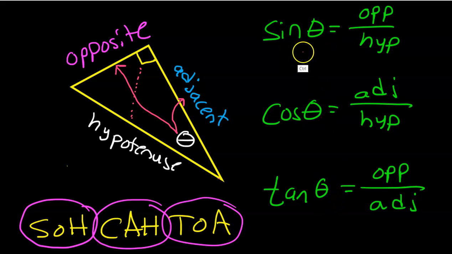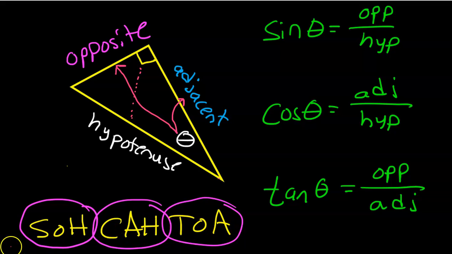Sine of the angle is the opposite side divided by the hypotenuse, cosine is adjacent over hypotenuse, and tangent is opposite over adjacent. You can use this silly acronym to help you remember.